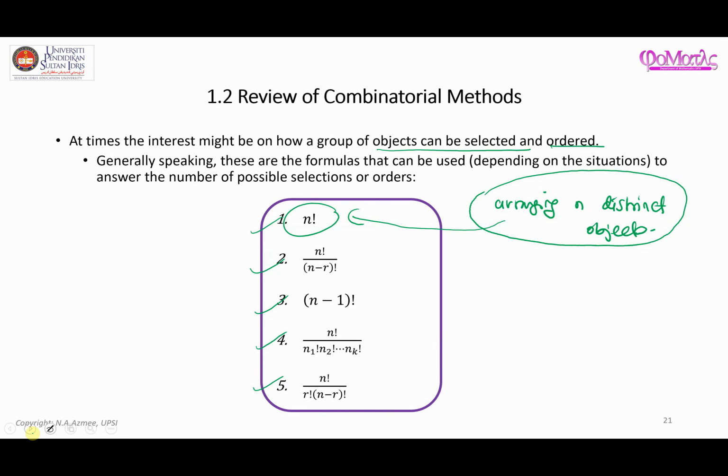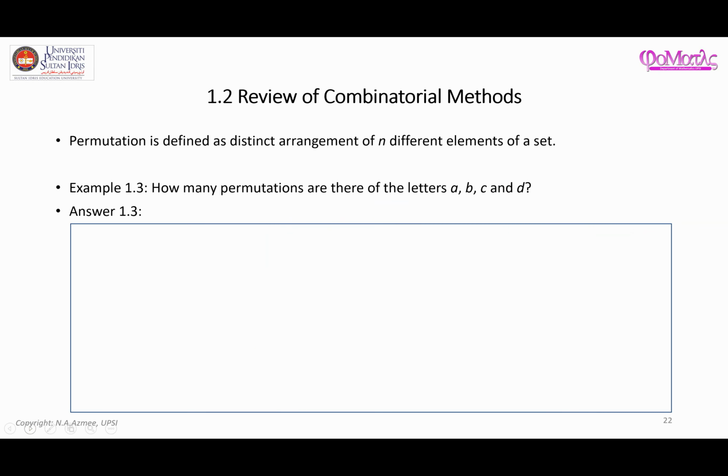Now let's look at the problem given here. First of all, I'm just going to define the idea of permutation. Permutation is defined as how you can arrange n different elements of a set, and to think about this arrangement, you can also use theorem 1.1.